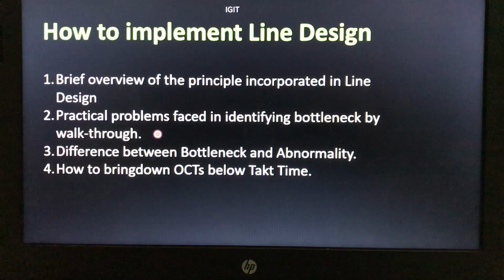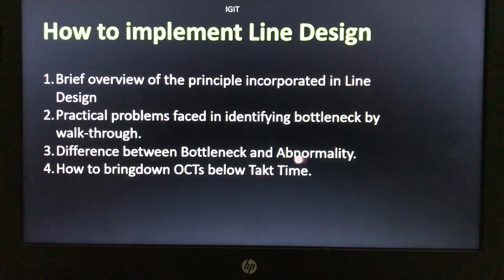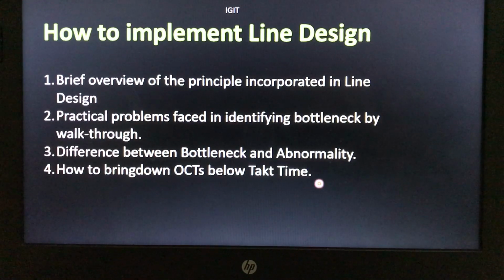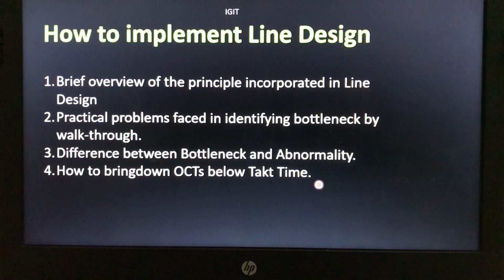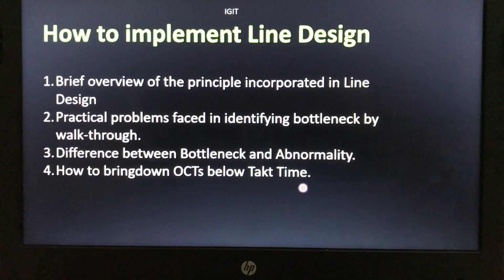And it is very important to understand the difference between bottleneck and abnormality while dealing with line design or while implementing line design. And the fourth point is how to bring down OCTs below takt time.